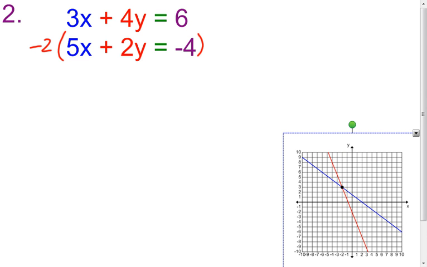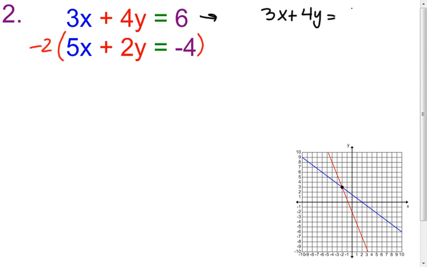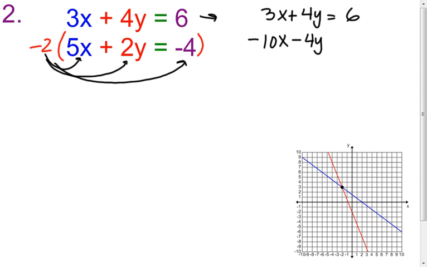I am not going to touch the top equation. The top equation is just going to stay at 3x plus 4y equals 6. But the bottom equation, I need to distribute this negative 2 all the way through that equation. So negative 2 times 5x is negative 10x. Negative 2 times 2y is negative 4y. Negative 2 times negative 4 is 8.